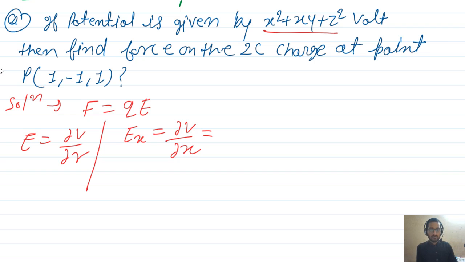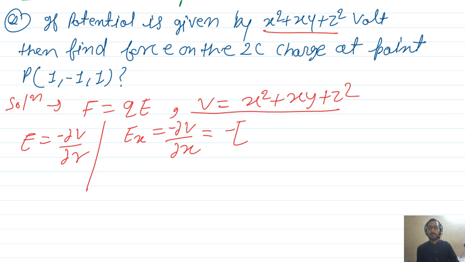So we have to differentiate V partially, which is given as x square plus xy plus z square.